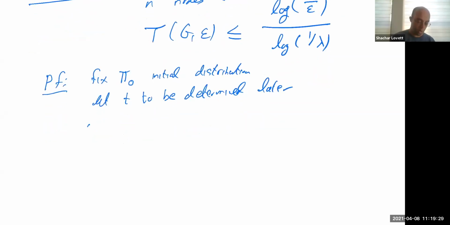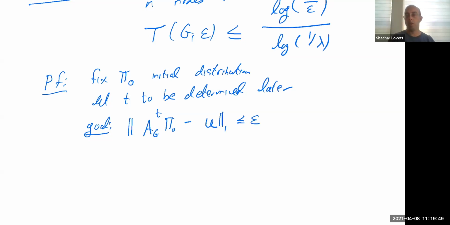So our goal is to prove that AG to the t applied to pi 0, minus U, in L1 is at most epsilon. Here U stands for the uniform distribution. That's our goal. Doesn't matter which initial distribution we start from, we're going to get L1 error epsilon.